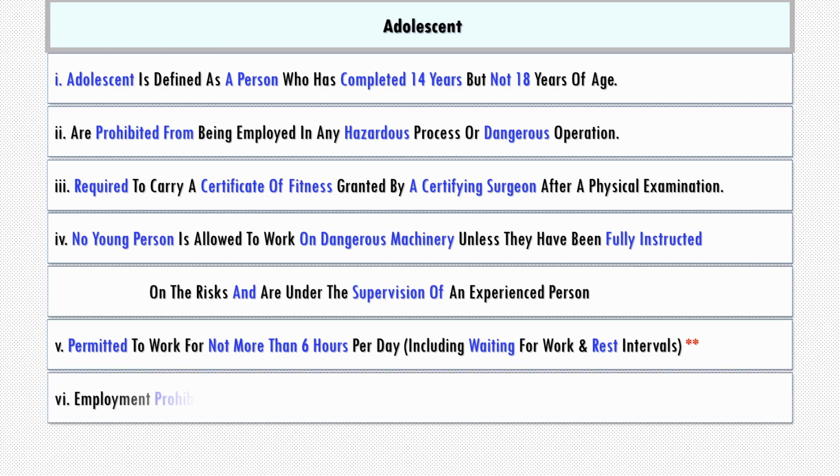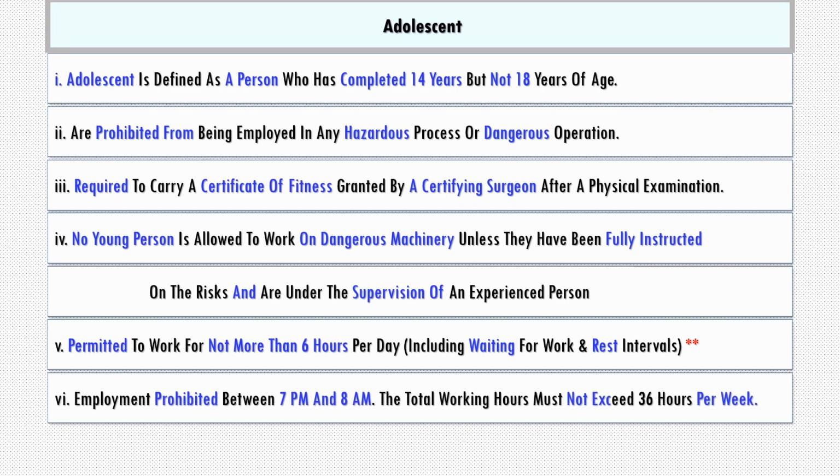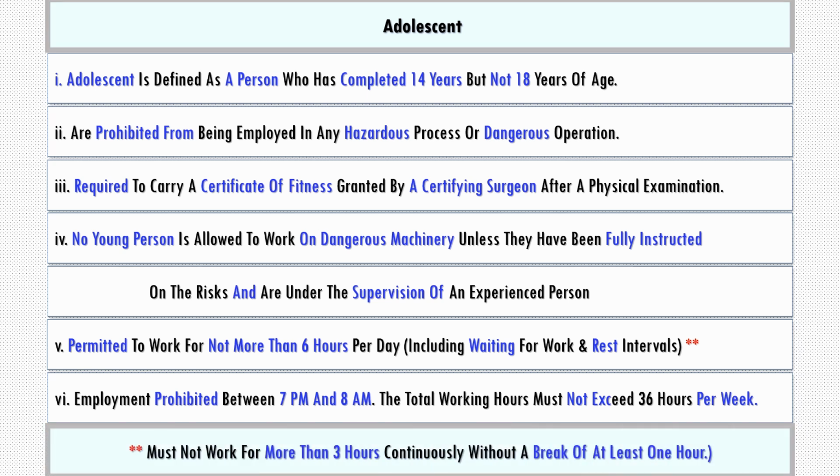Employment of adolescents is prohibited between 7 p.m. and 8 a.m. The total working hours must not exceed 36 hours per week, and young persons must not work for more than 3 hours continuously without a break of at least 1 hour.